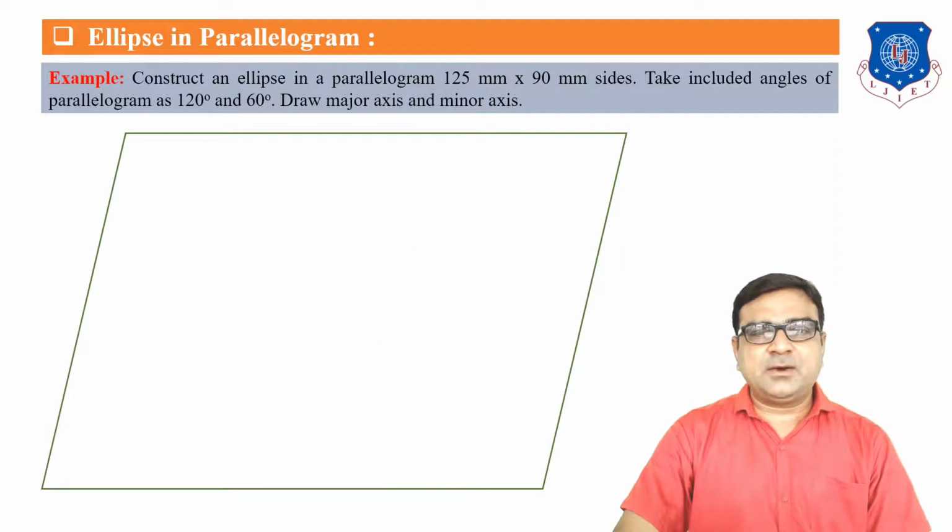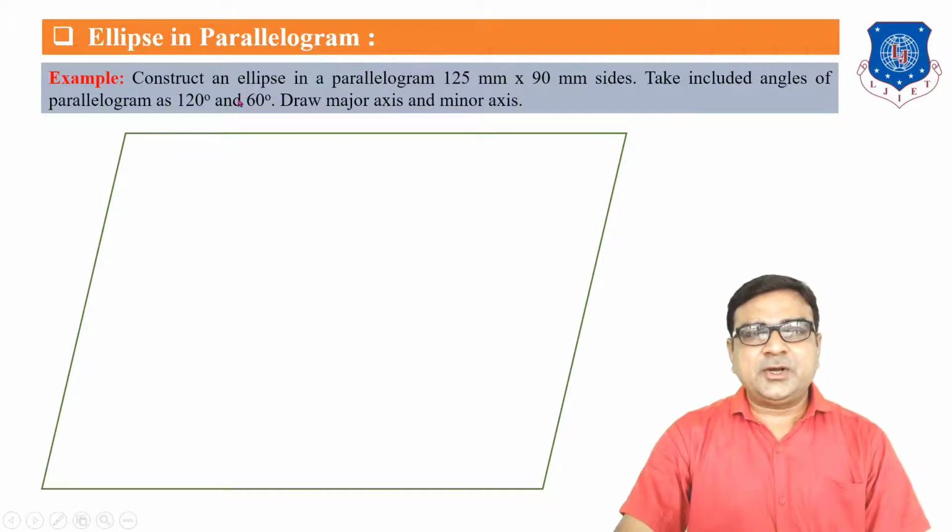So draw one parallelogram of the given size, 125 mm by 90 mm, with included angles of 60 degrees and 120 degrees.